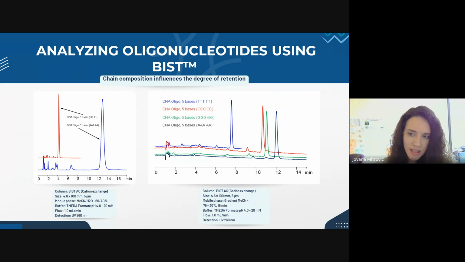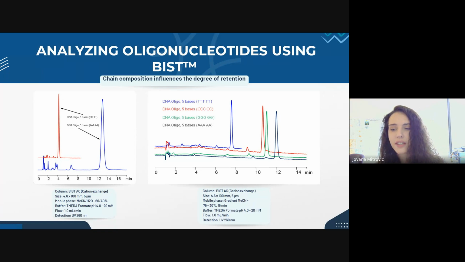In the example on the left, we are using an isocratic method where we carefully adjust the percentage of organic solvent to achieve a balance between retention and elution. On the right side, we demonstrate a gradient method going from high to low organic content to fine-tune elution.